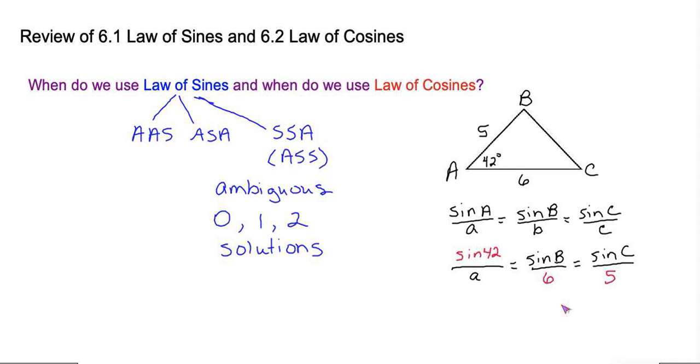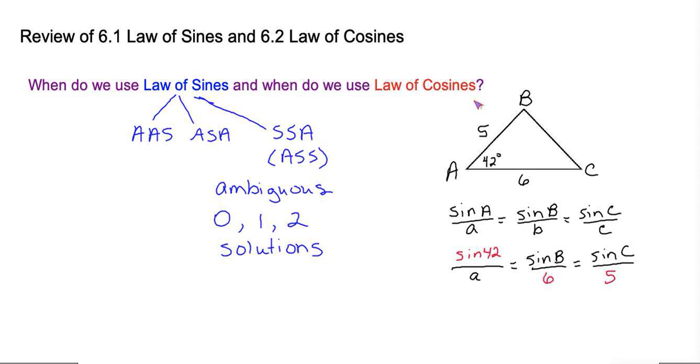So when I substitute in everything I know into the law of sines, I do not have enough information to solve this. I'm going to need both of these values in one of the ratios, and I do not. So this is when we're going to use law of cosines.